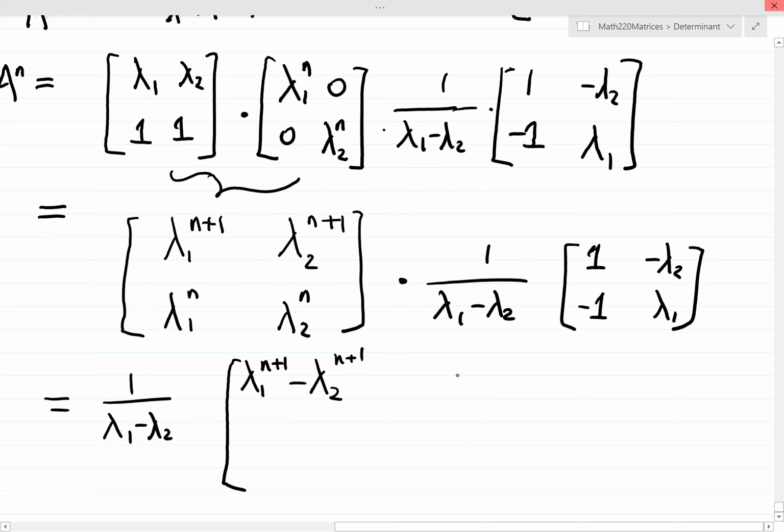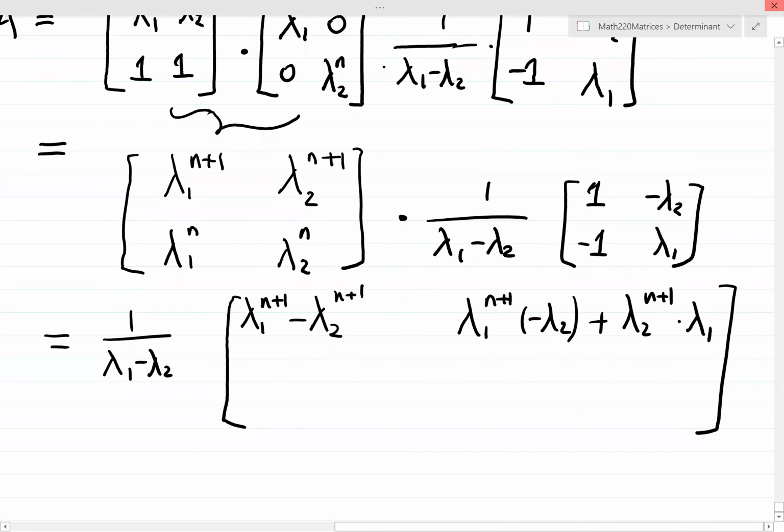And then the 1, 2 entry, first row times second column. Lambda 1 to the power n minus 1 times negative lambda 2 plus lambda 2 to the power n plus 1 times lambda 1. Okay, 1, 2. Now 2, 1.